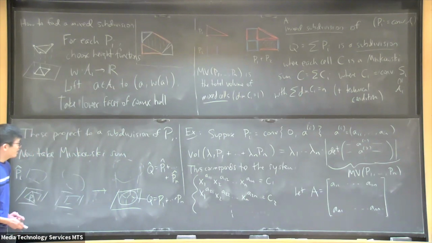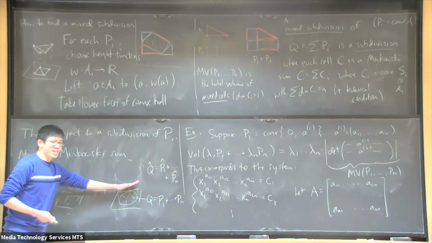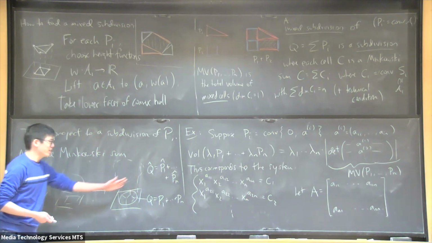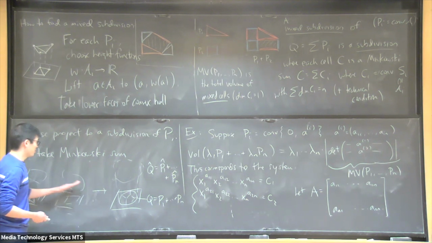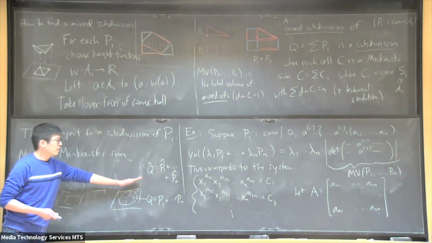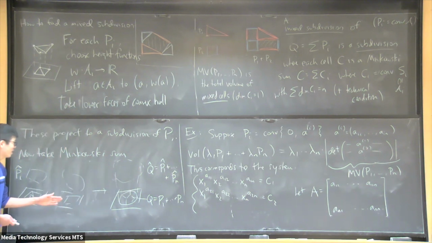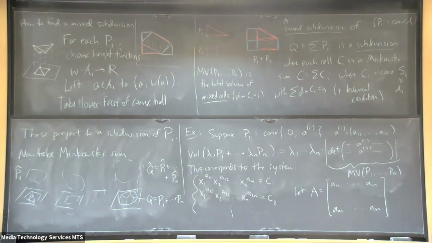A face of a Minkowski sum is the points which maximize some linear functional. So you can look at the faces on each of these guys that maximize that functional and take their Minkowski sum, and that will give you the corresponding face here. So all of the lower faces here are just Minkowski sums of appropriate faces on these guys. And then one can check that it will usually satisfy the conditions of being a mixed subdivision.